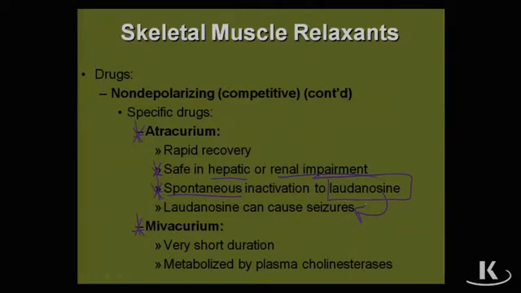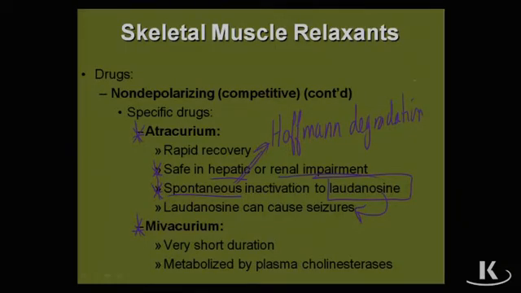Nonetheless, when the patient comes off of the skeletal muscle relaxation, seizures can occur because of the breakdown product, laudanosine. Some of you might have heard, particularly in medical school, of that spontaneous inactivation. It is an organic chemistry reaction known as a Hofmann degradation. And Hofmann degradation, we certainly don't need in medicine to know the ins and outs of it, but it's just in case you see the terminology and wonder what is being referred to for a drug such as atracurium.